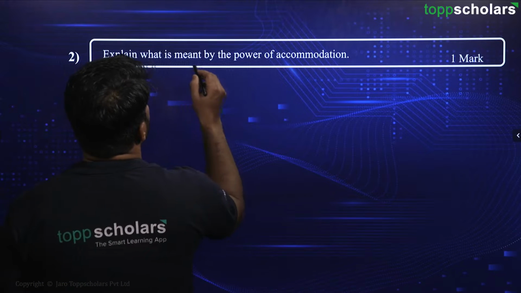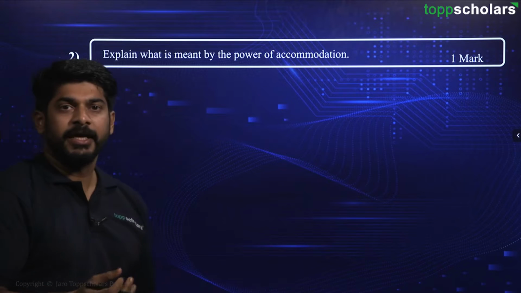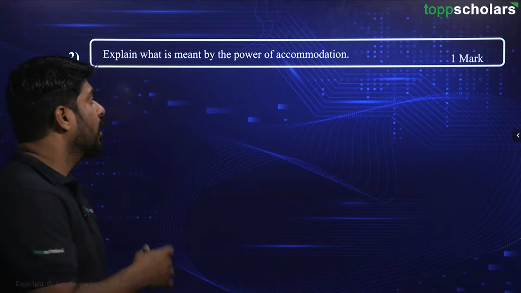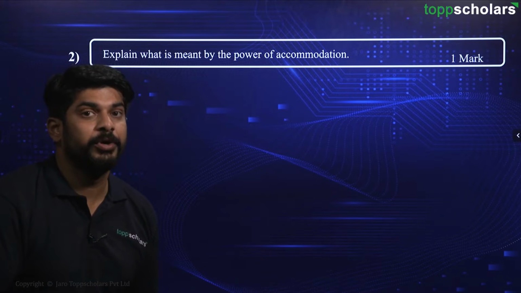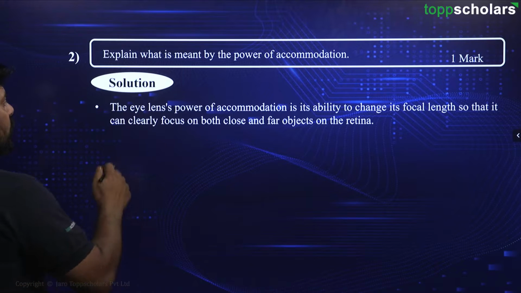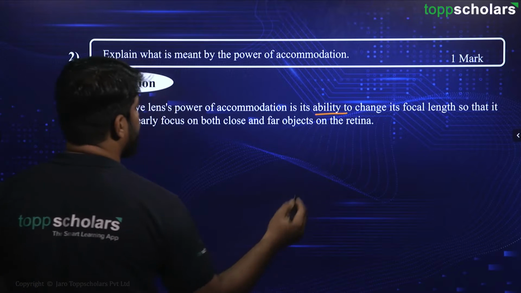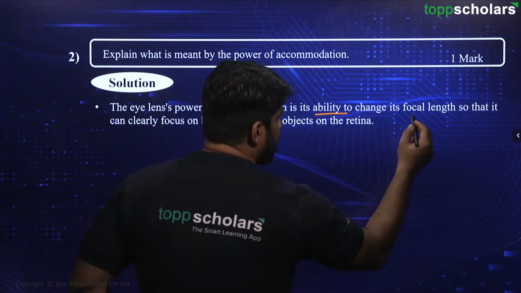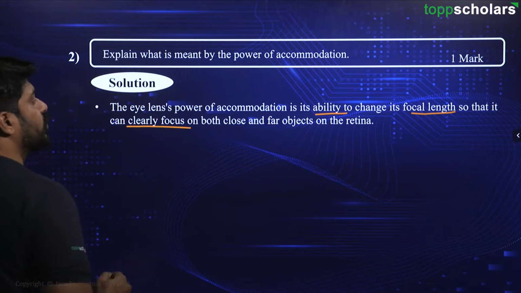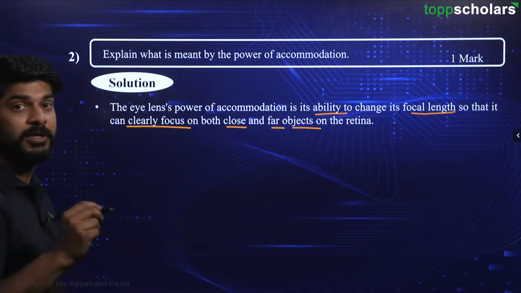Explain what is meant by the power of accommodation. Every eye, whether it is of a human being or any animal, has some power of accommodation. So what does this mean? The eye lens's power of accommodation is its ability to change its focal length so that it can clearly focus on both close and far objects on the retina.